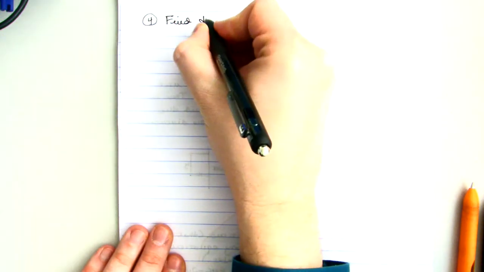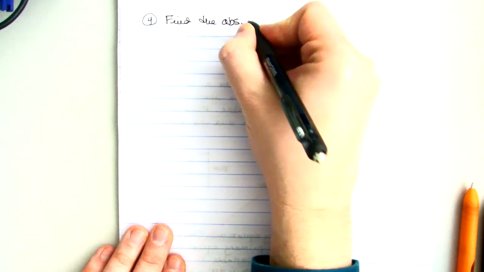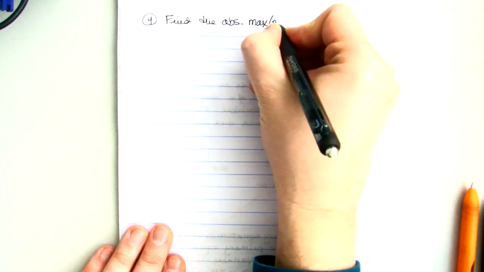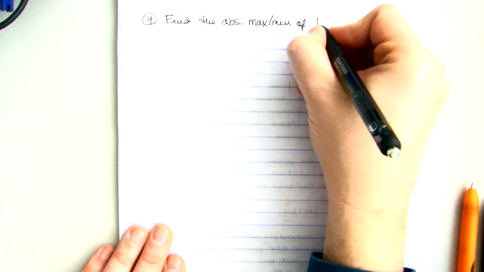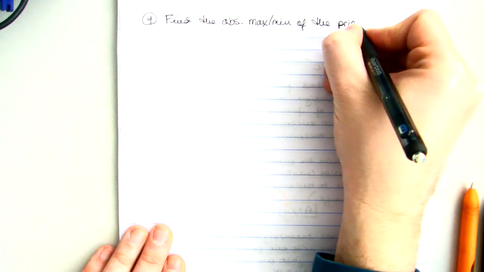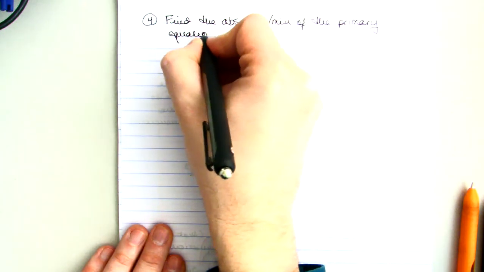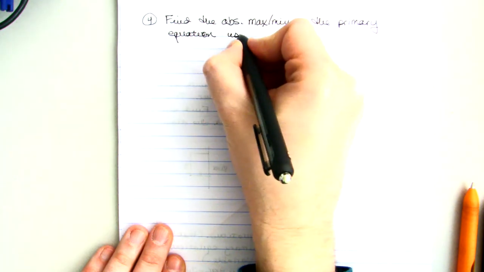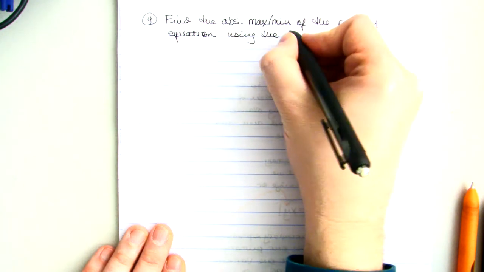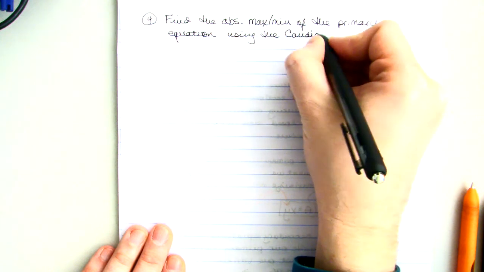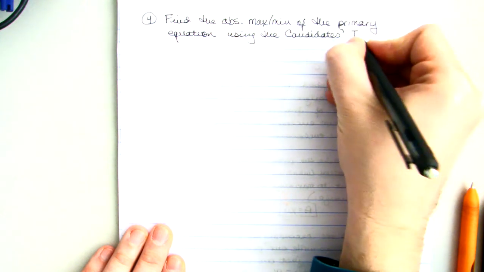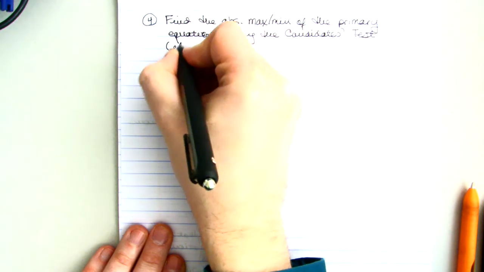We're going to move on and say step number 4 is find the absolute max or min of the primary equation using the candidates test, if we're trying to do this on a closed interval.